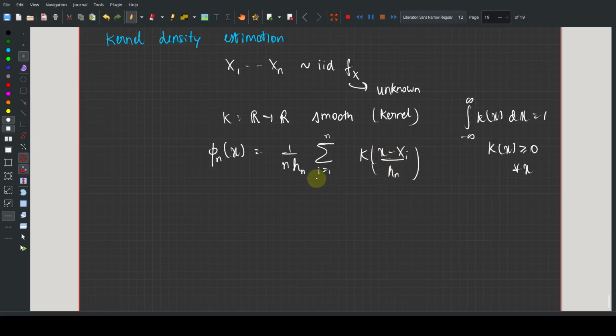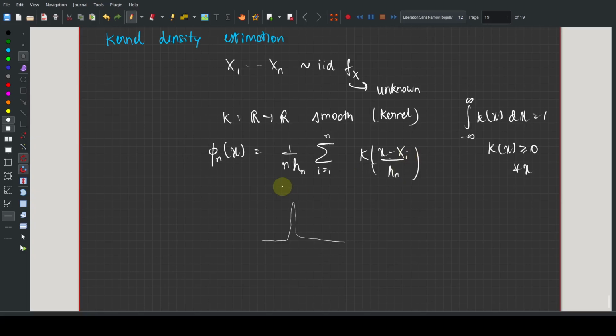If we just look at this, think of, for example, k as, let's say, a Gaussian. Effectively what we're doing is taking scaled linear combinations of k.